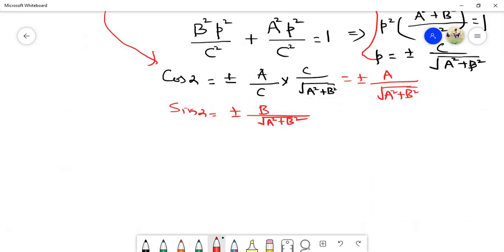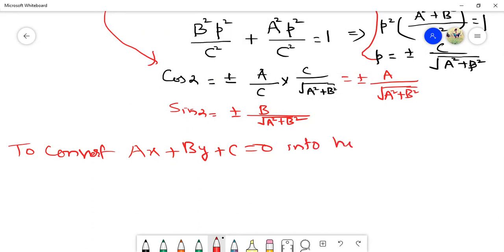So ultimately we got that if you have to convert ax + by + c = 0 into normal form, the normal form is x cos alpha + y sin alpha = p.